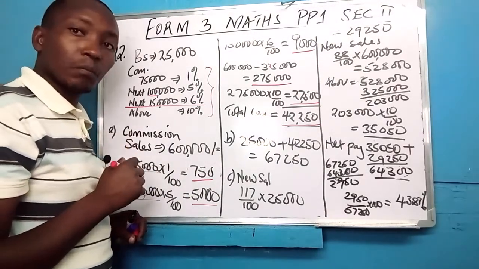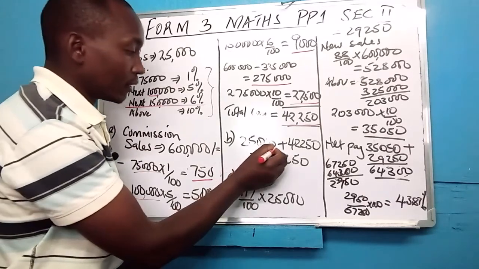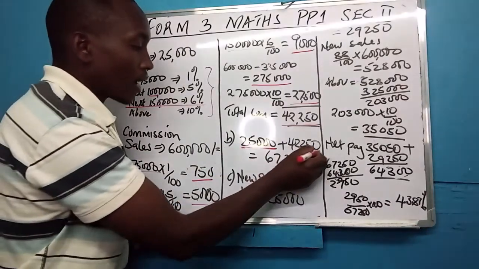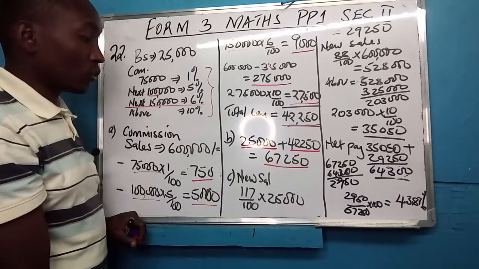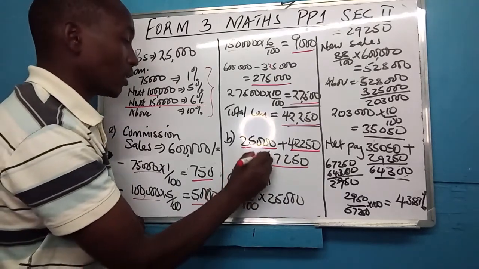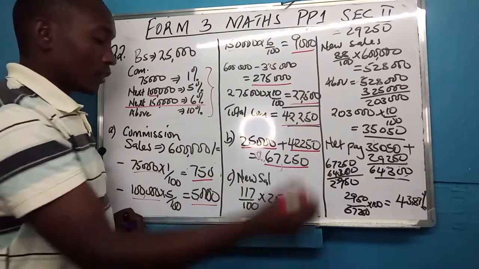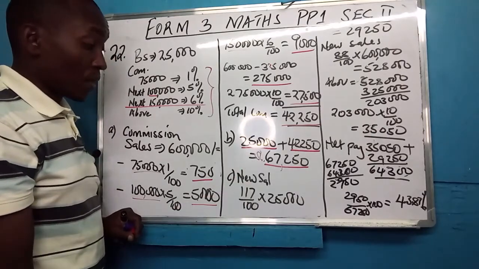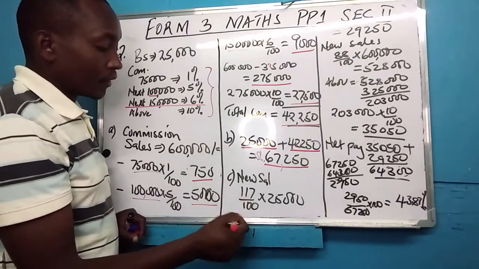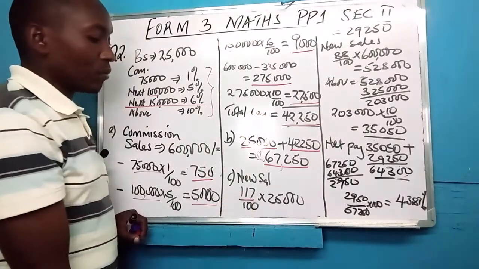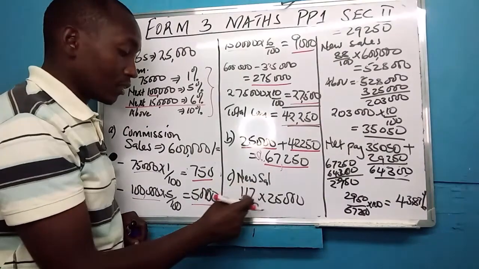How much did this person receive? Her basic salary is there. Then add the commission. So this person got 67,250. That is the total pay for that month. Then we're given that the next month her salary increased by 17%, so it is 117%.